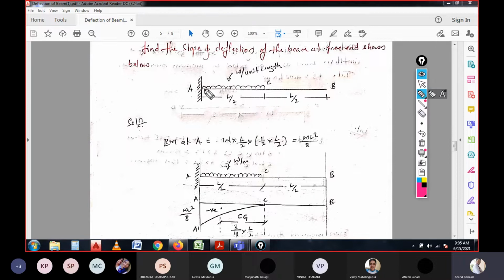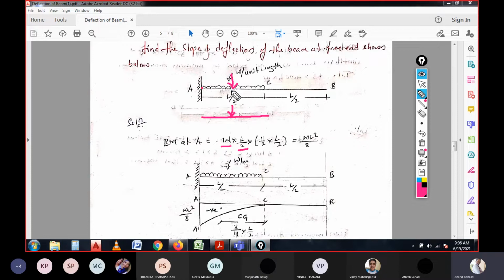So this is the uniformly distributed load on this span. We have to convert this load to a point load. How do we convert it? Load into span. The load is W and the span is L by 2, then it is converted to a point load over here. After that we need the moment about point A.